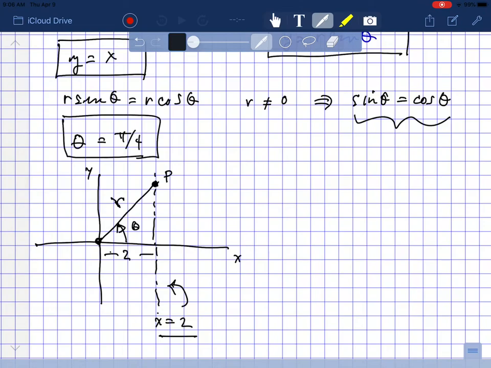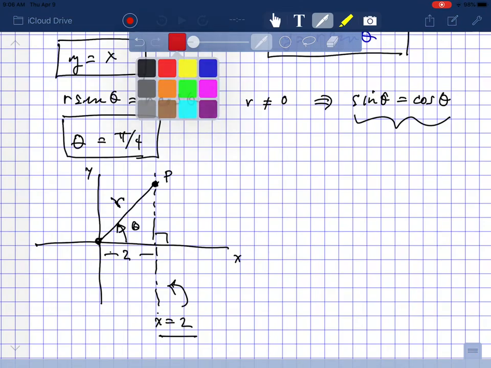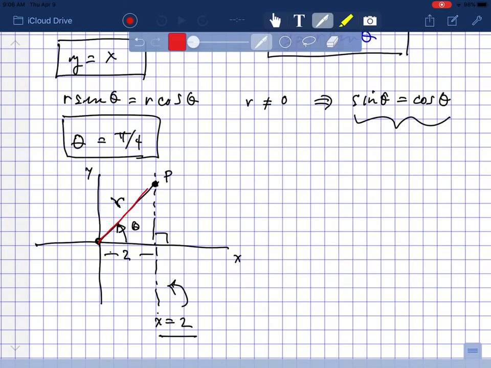Well, what I've drawn here is a right triangle. So I know that the cosine of theta is equal to the adjacent side, which is 2, divided by the length of the hypotenuse, which is r.